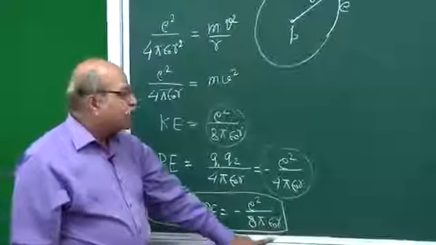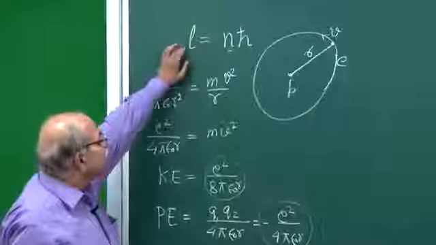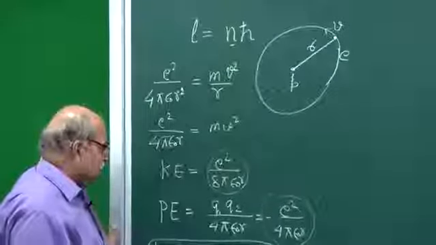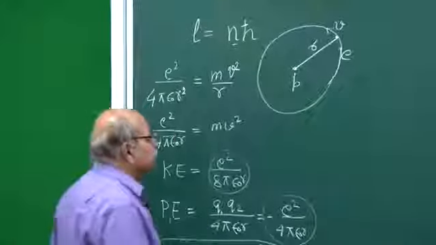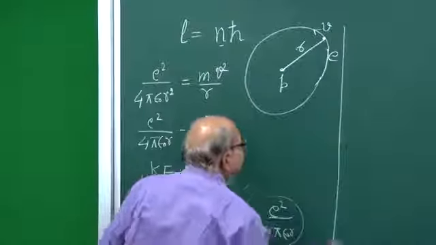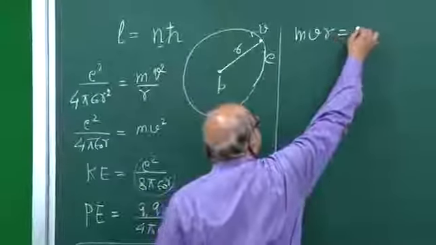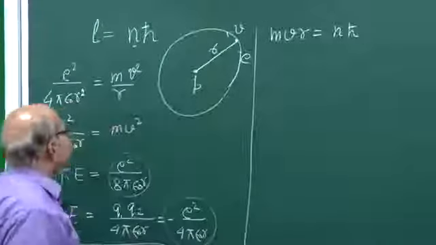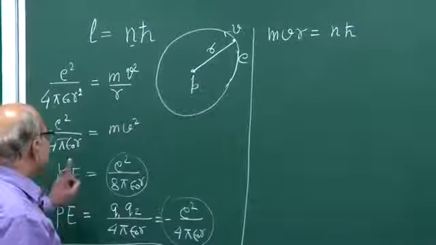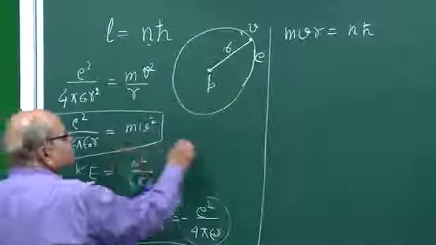To get this r, we should use the equation L equals n times h cross. The angular momentum is m times v times r, and that should be equal to n times h cross. So eliminate v from these two equations.